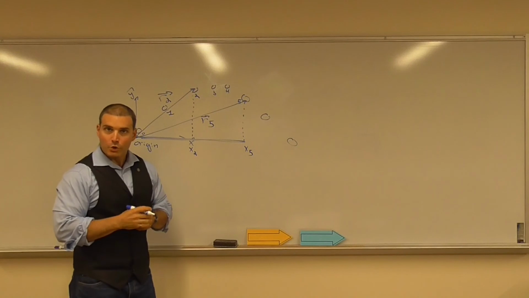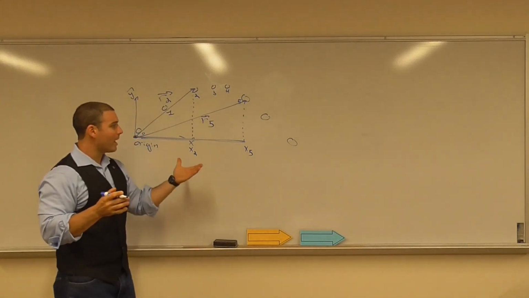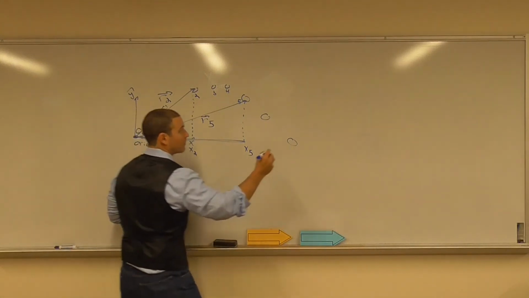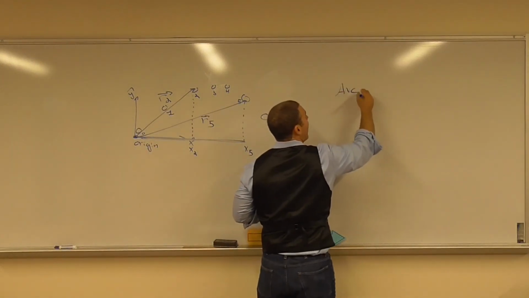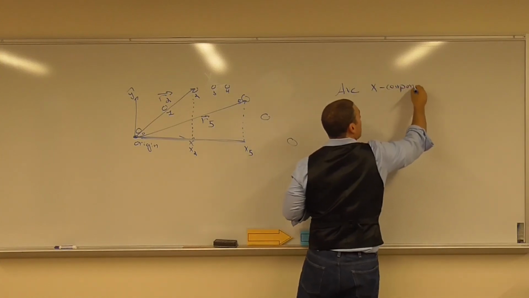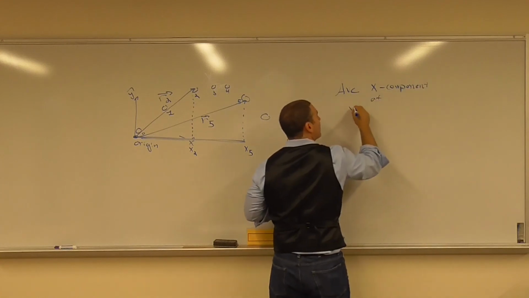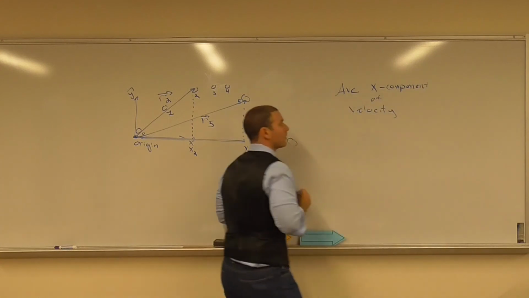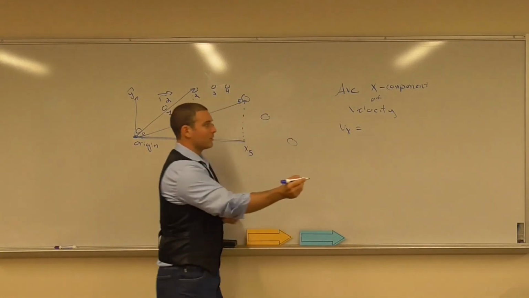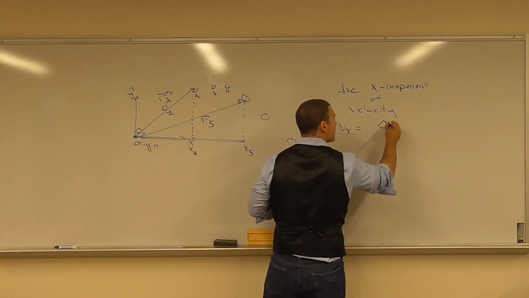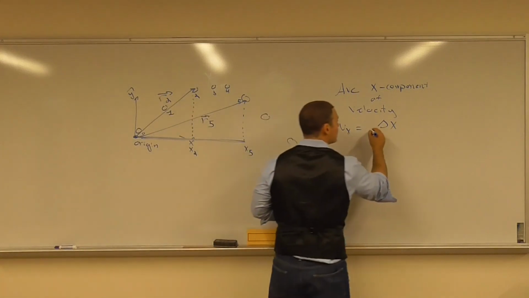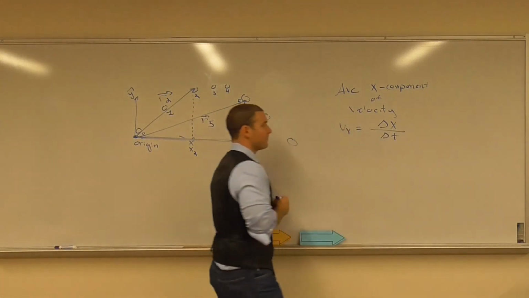If I want to imagine what my average x component of the velocity is, Vx is going to be the change in my x position, the x displacement, divided by the time.